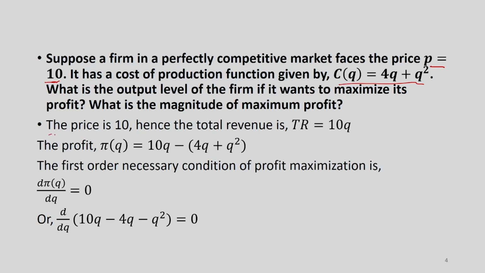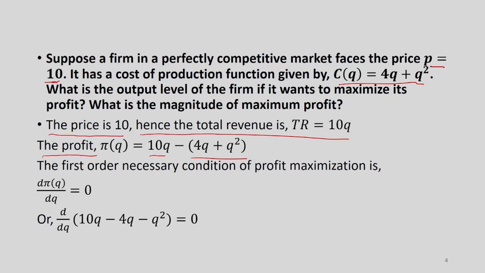Okay, so that is the question. What is given to us? The price is given, price is 10. So from this I can figure out the total revenue, TR. TR will be price multiplied by quantity. So this is 10Q. And therefore the profit will be total revenue minus the cost. Cost is known to us, 4Q plus Q square. All right.